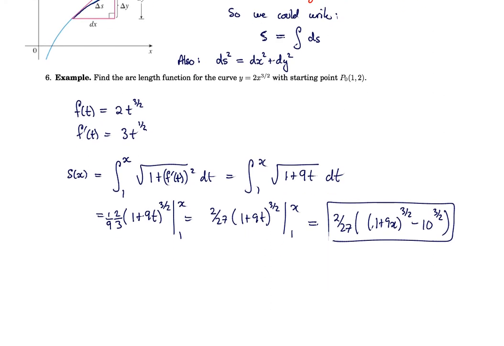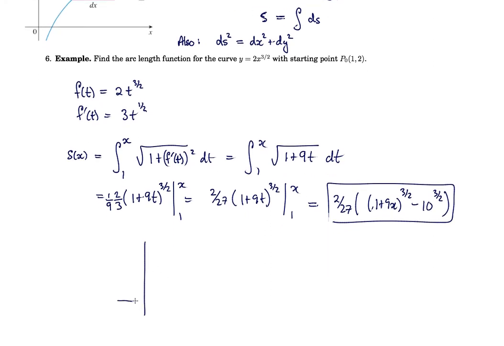Now what does this represent? In terms of the picture, we've got a curve that's starting at a point and moving on. That's our point P naught. And now as I let x move, I'll get another point x comma f of x.